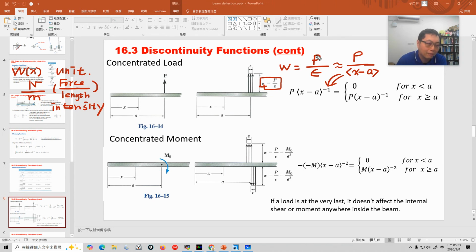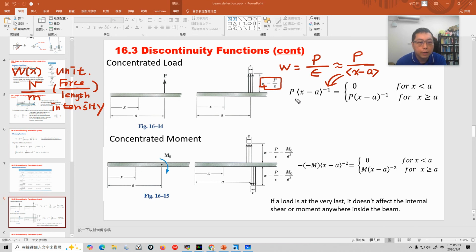I'm not sure you can accept this or not. That's why the concentrated load's power is minus 1, because it's force per meter. The Macaulay function has power minus 1 because it's in the denominator.